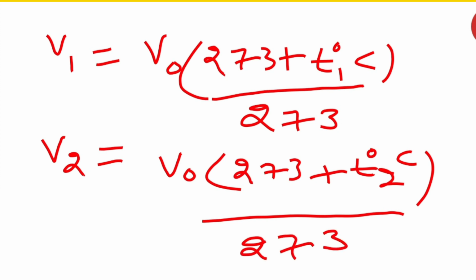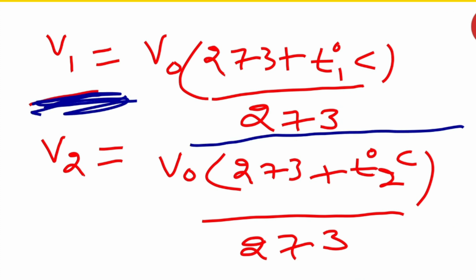Clear? Now I am dividing V1 by V2. V naught will be cancelled with V naught, and 273 will be cancelled with 273.